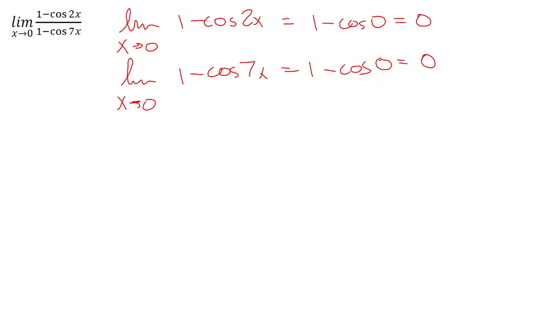So we will take L'Hopital's rule here and take our derivative of both the top and the bottom, giving us a limit as x approaches 0. The 1s will go away, so really it's just the derivative of negative cosine 2x. And since the derivative of cosine is negative sine, that negative is going to go away.